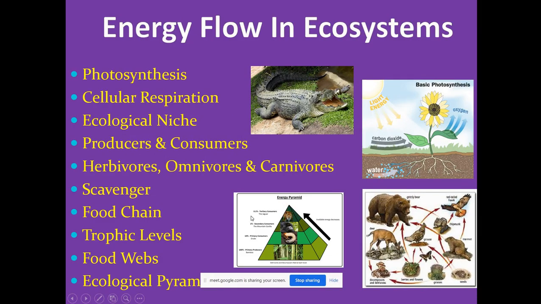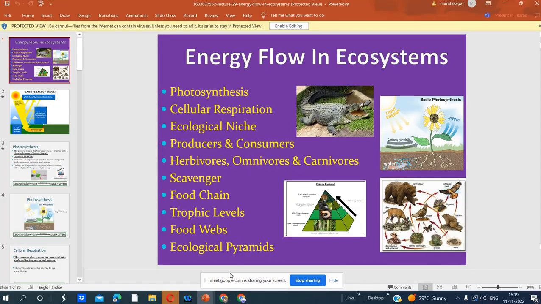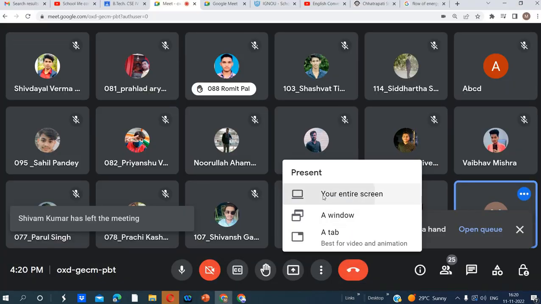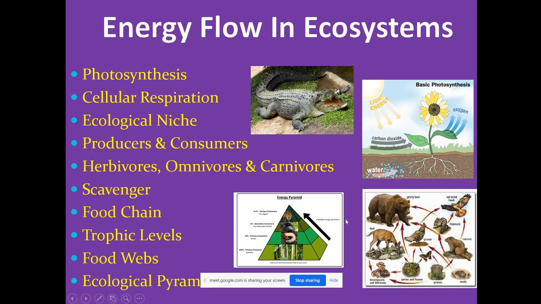We are here to discuss the energy flow. In this slide you can see the energy flow occurs by the reaction of photosynthesis. It is the starting point. Cellular respiration occurs, and because of cellular respiration there is the production of carbon dioxide. We all produce carbon dioxide, all the animals including plants also.